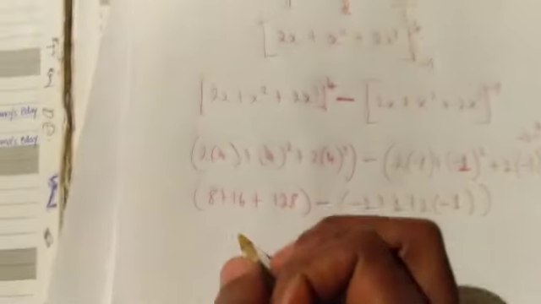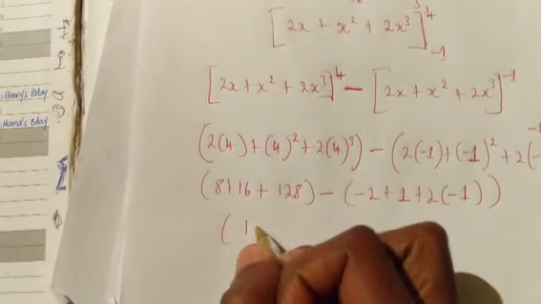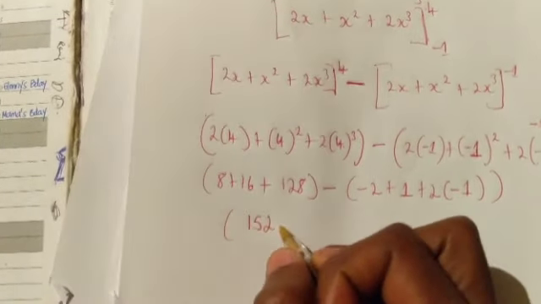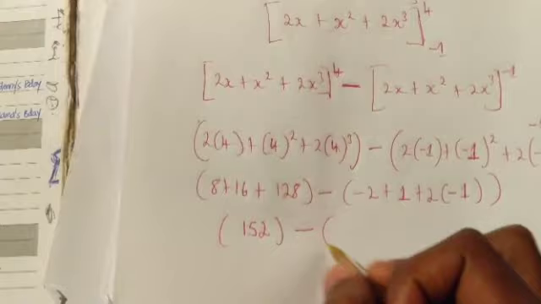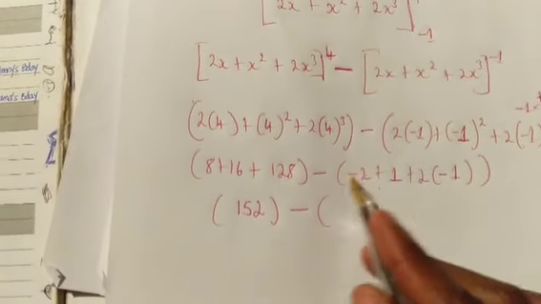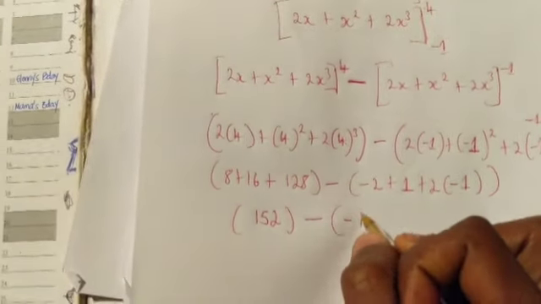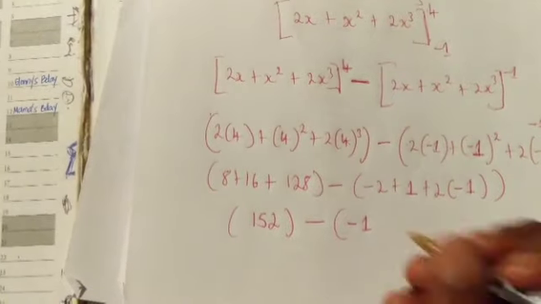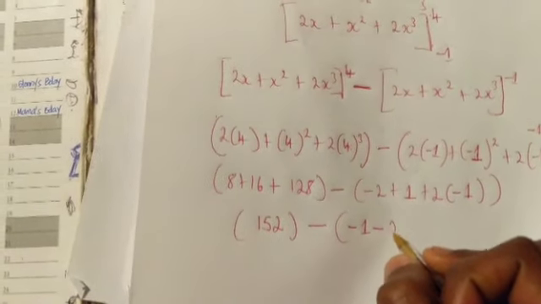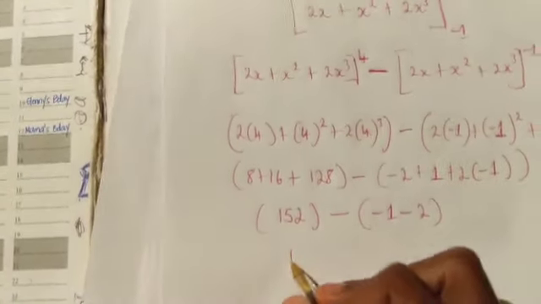We're getting 152. Minus: here when you subtract, you're getting a minus 1. Here when you multiply, you're getting a negative 2.